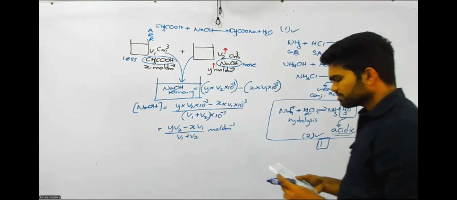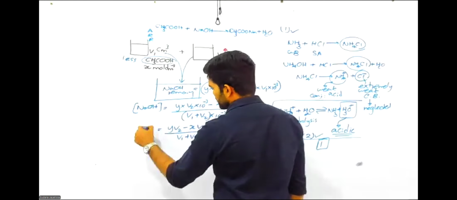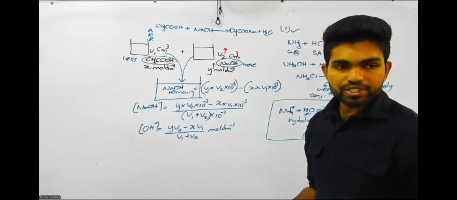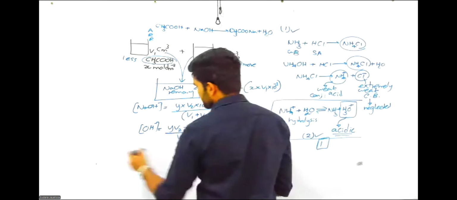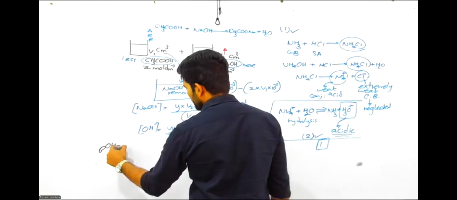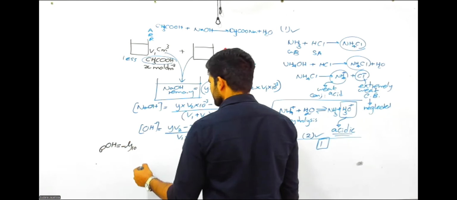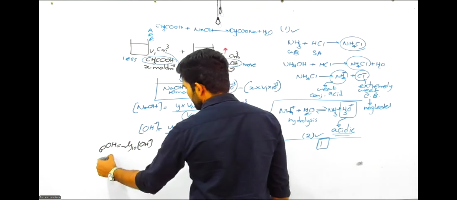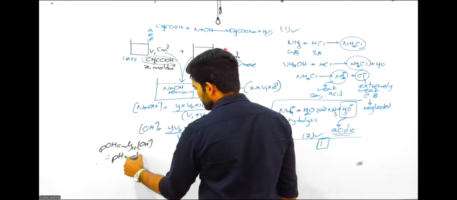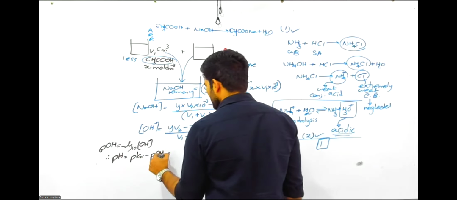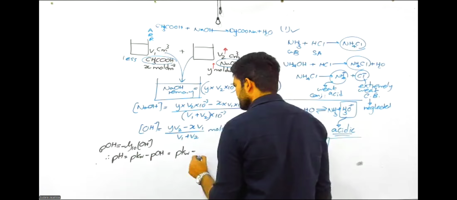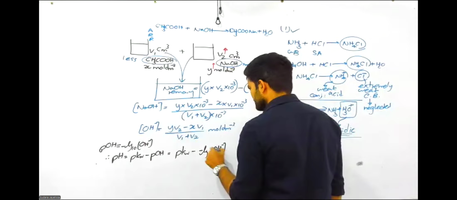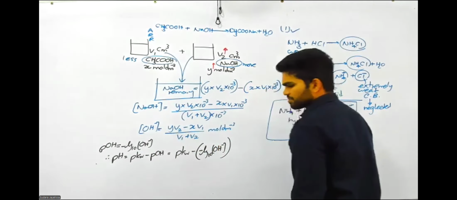So with this we know the OH minus concentration. And now we can find the pOH. pOH is minus log to the base 10 of the OH minus concentration. And then if you want the pH, it is pKw minus pOH. In other words, pH is pKw plus log to the base 10 of (yV2 minus xV1) over (V1 plus V2). Isn't it?